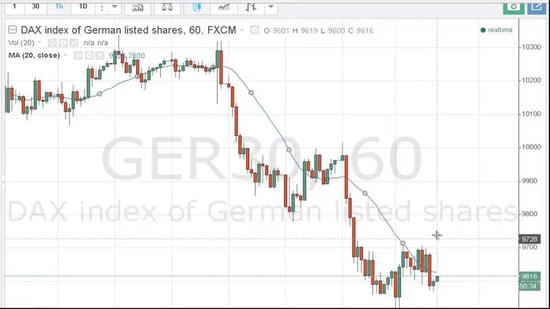If it were to break above, I'd be tempted to be long it. But in this case, I feel that the market's going down, so I don't want a part of that trade. When the market's falling, I only want to have short trades.